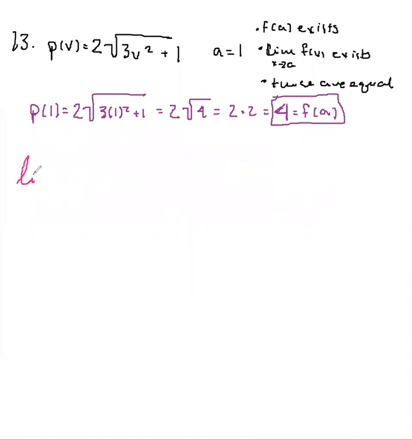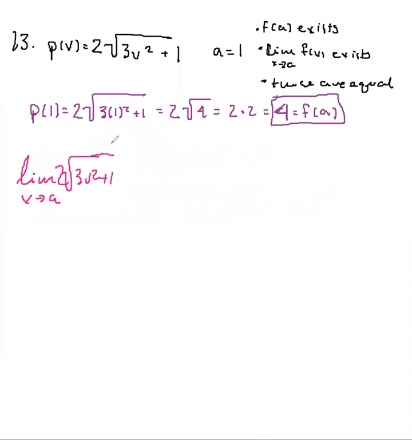So we're going to have the limit as x goes to a of this quantity. It's not going to be x, it's going to be b goes to a, 2 root 3b squared plus 1.